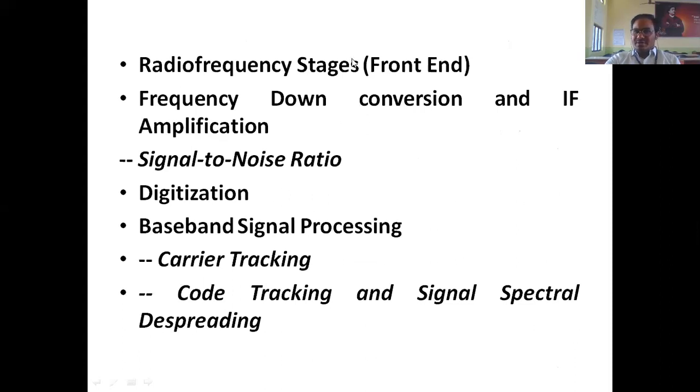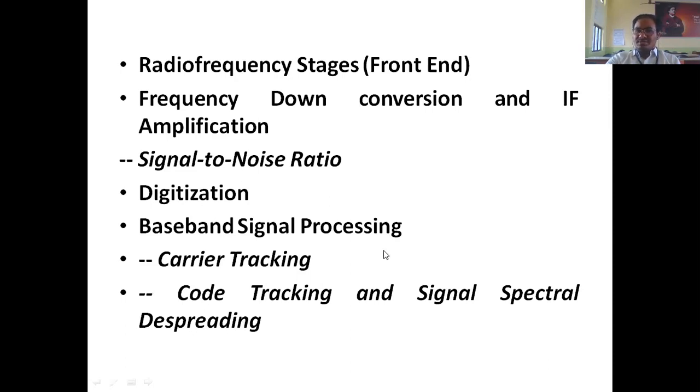So let us see in detail. First stage is the radio frequency stage, that is the pre-amplification stage. Second is the frequency down conversion and the intermediate frequency amplification. Frequency down conversion is done in two stages. And signal to noise ratio, here we have to maintain a sufficient SNR, because there are different sources of noise within and outside the receivers. So SNR is to be maintained at a very high level. For that purpose, we will use the technique called despreading.